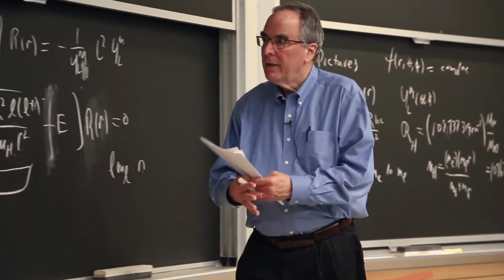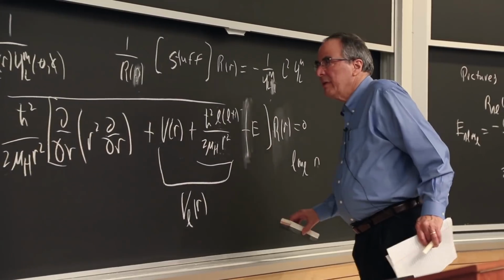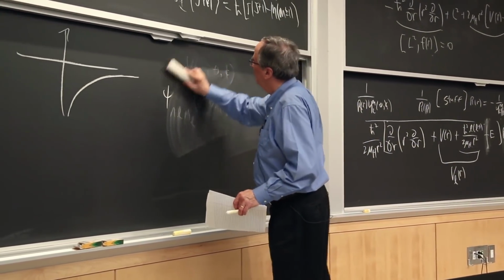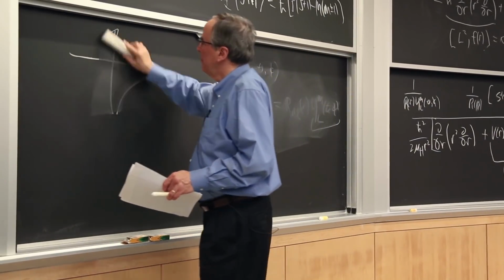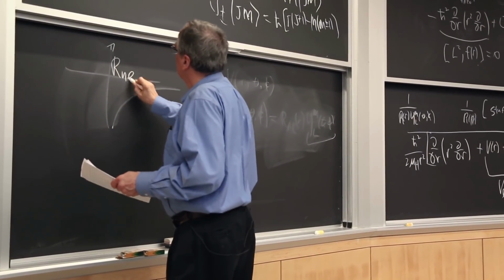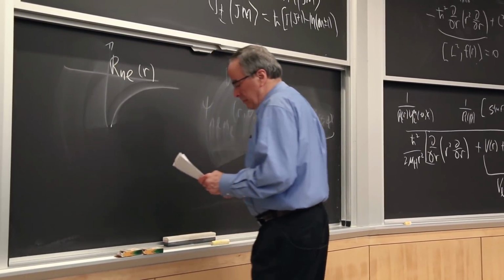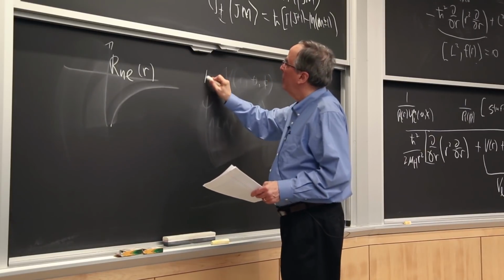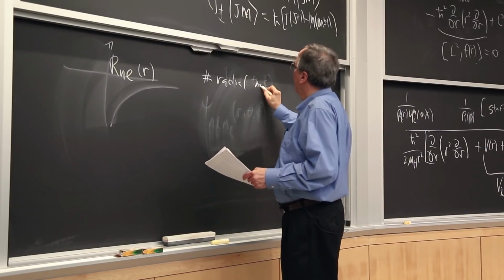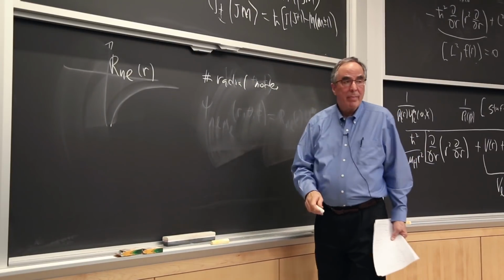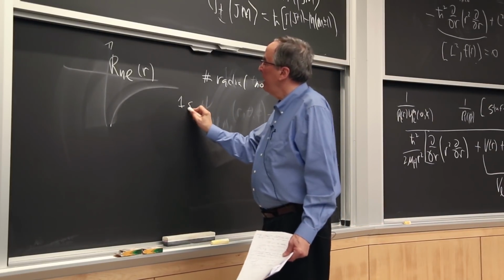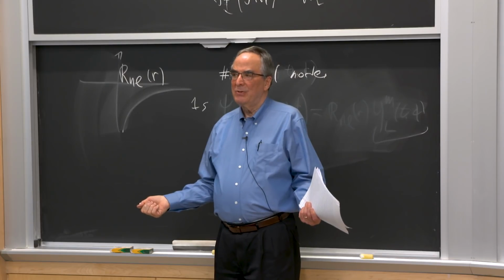Okay, now we have to become really familiar with this R_nL of r function. And one of the questions is, how many radial nodes? And you know that for 1s, there aren't any nodes.